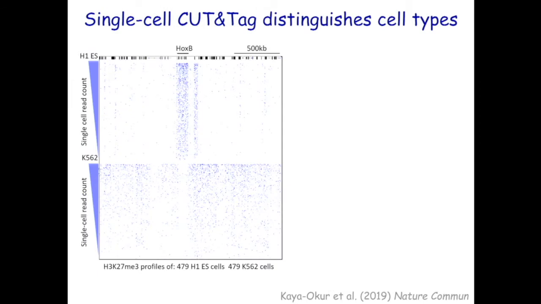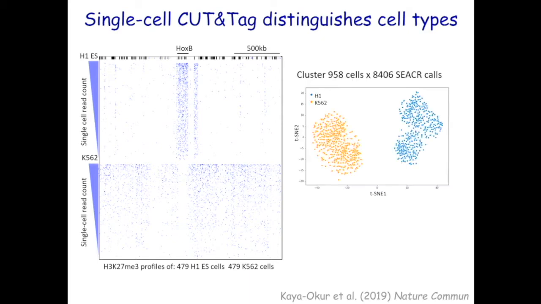We can mix cells, for example, human ES cells with K562 cells, and we look at the HOXB locus, which is silent in the human ES cells, so it's Polycomb marked, and you can see the difference. And if you like clustering, you get nice clusters out of it.